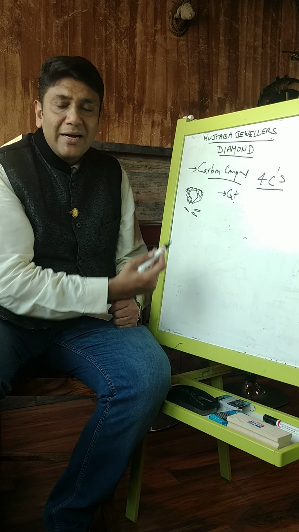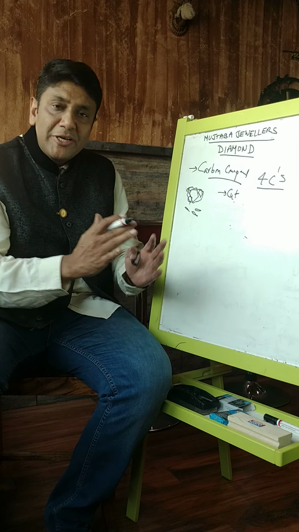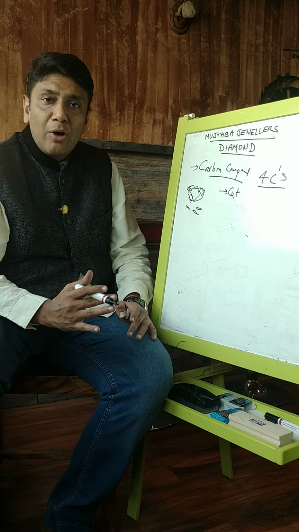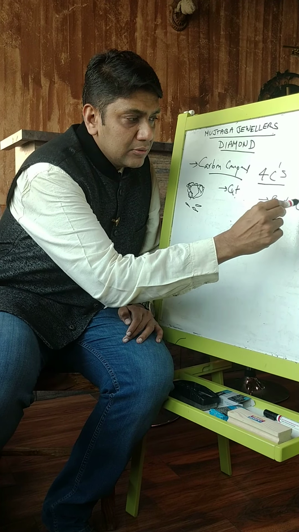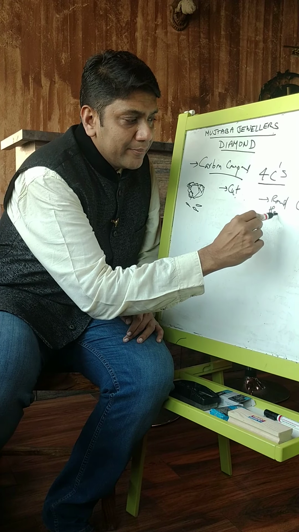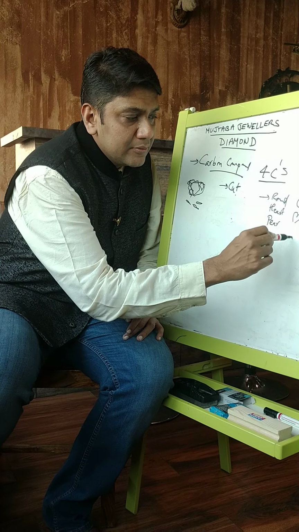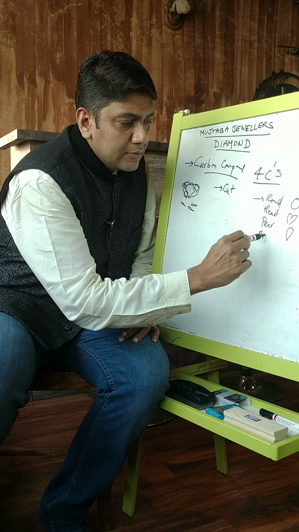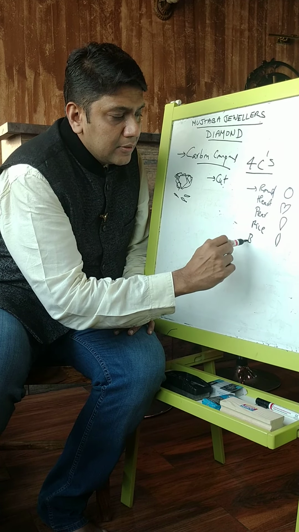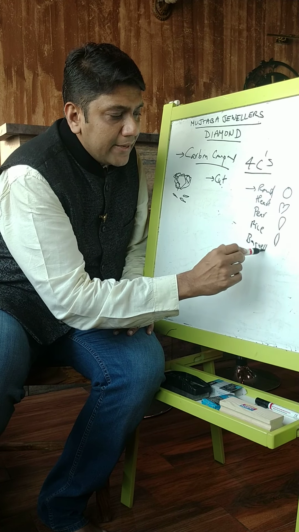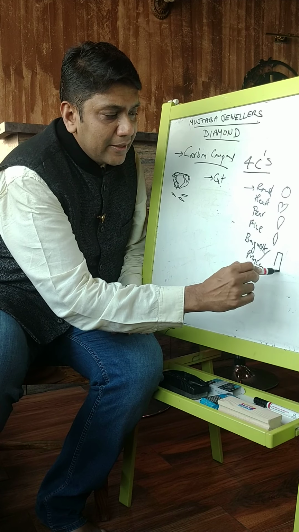So when you cut it into a proper shape, different shapes can be achieved. A few of the common shapes are round, heart, pear, rise, baguette or the princess, that is basically the rectangular shape.